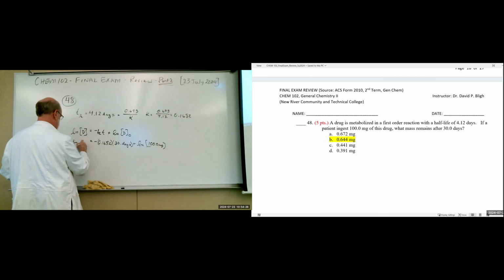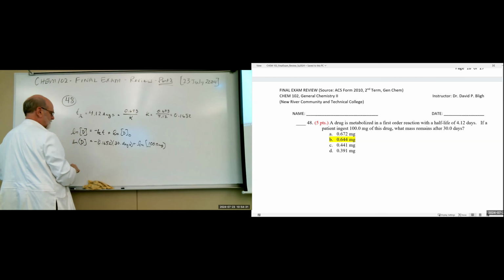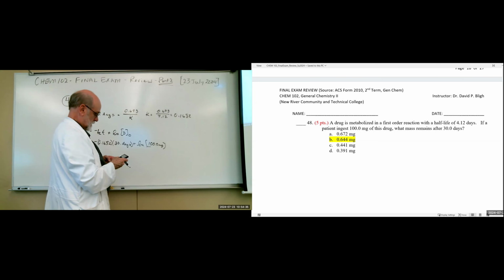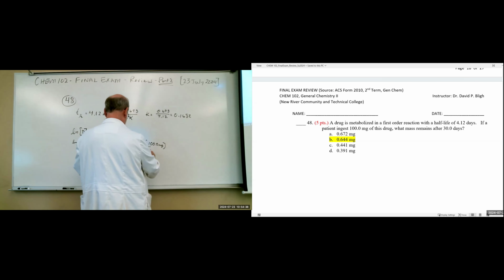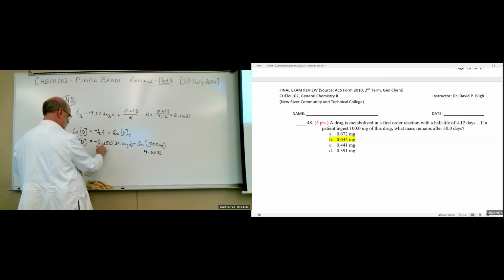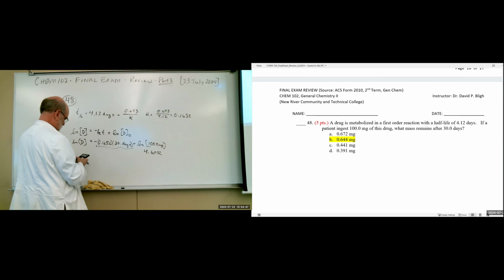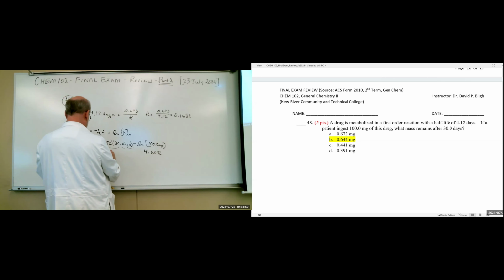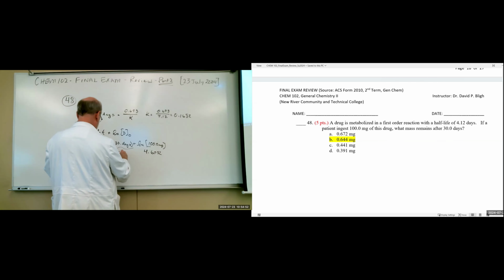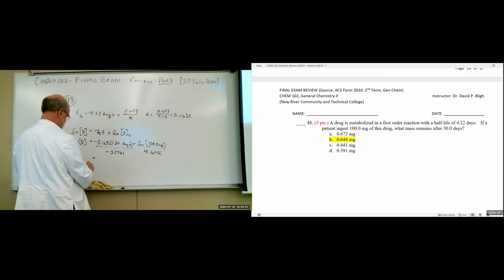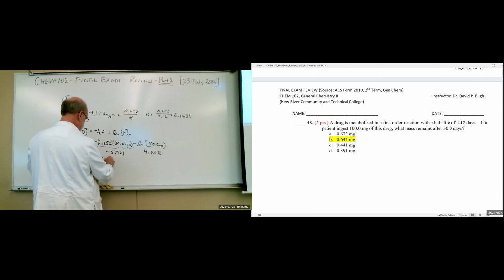And this is log of the concentration after that amount of time. Okay, so the natural log of 100 is 4.6052. 30 times this one is minus 5.0461. So we add those two together, and that's equal to minus 0.4409.